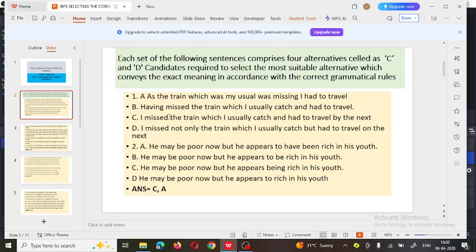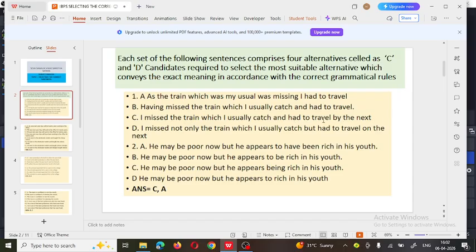So I missed the train is a main clause, which I usually catch is a subordinate clause, and this subordinate clause is giving information about the train. So this is an adjective clause, and again a conjunction is used, and then the next sentence is had to travel by the next.